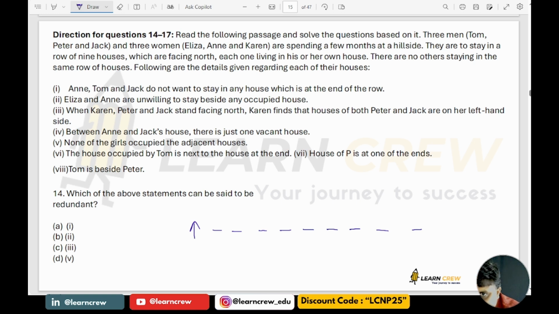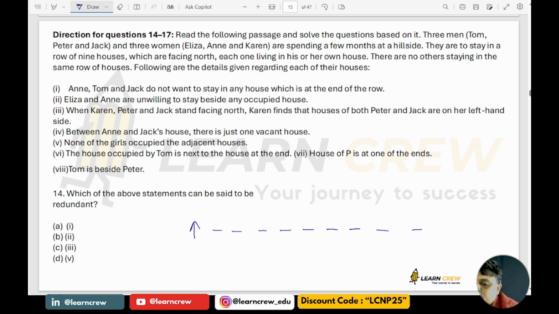Elijah and Annie are unwilling to stay beside any occupied house. So what does it mean? Elijah and Annie are beside a vacant house. When Karen, Peter and Jack stand facing north, Karen finds that houses of both Peter and Jack are on her left hand side.